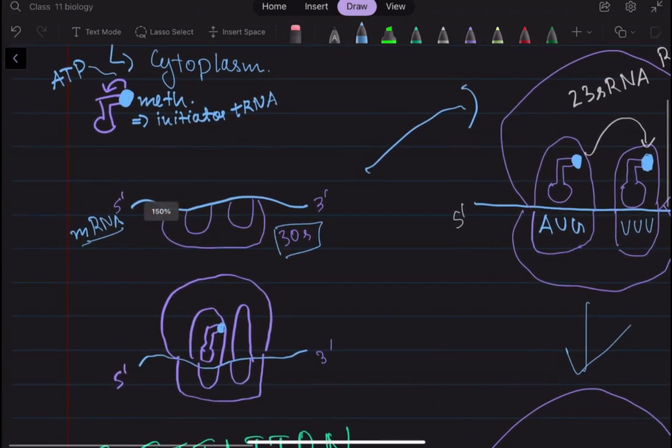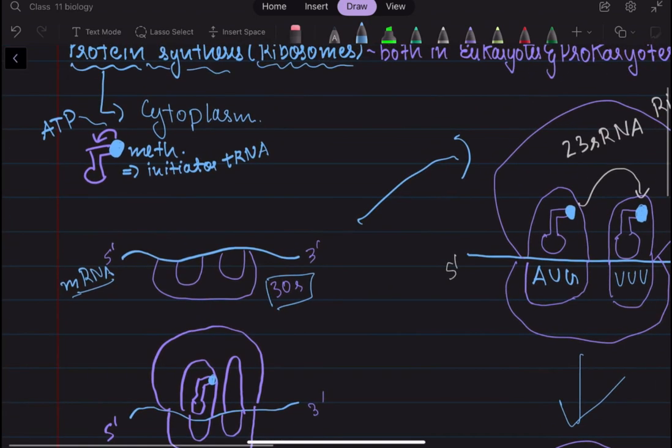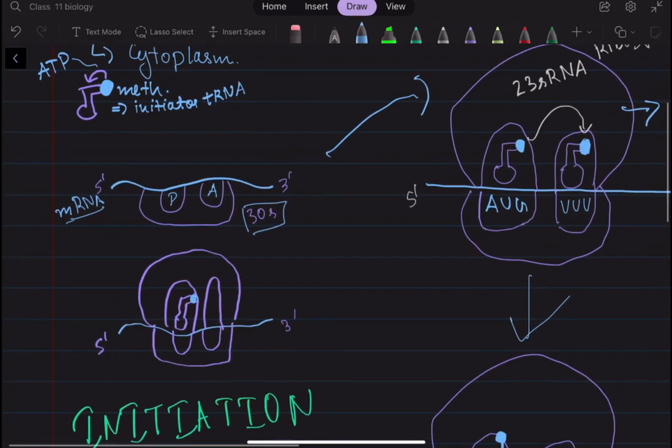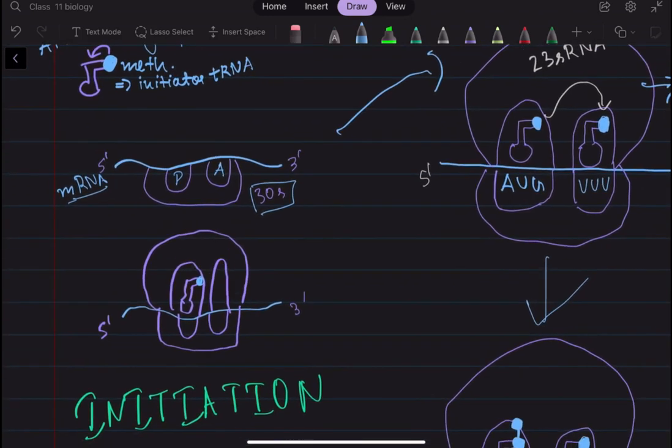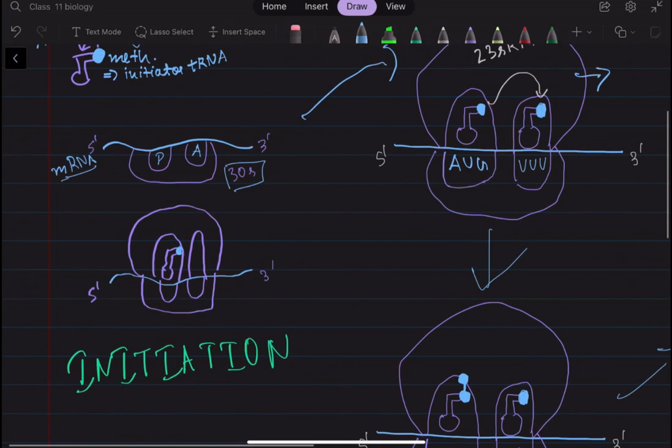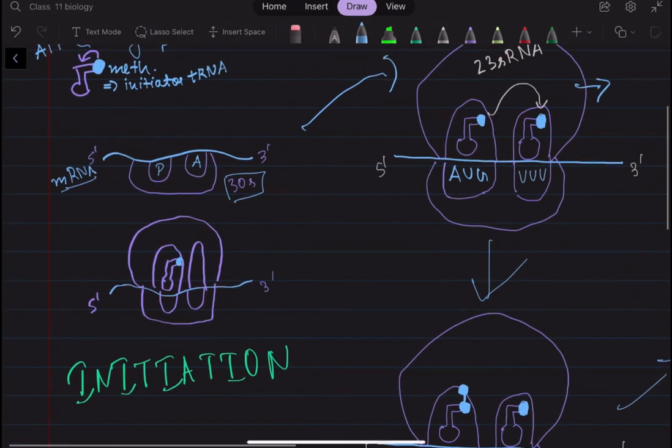The ribosome basically has two sites. It has a P site and an A site. First, the initiator tRNA comes and sits in the P site. When it fits in the P site, our larger subunit, that is the 50S subunit in case of prokaryotes, comes.